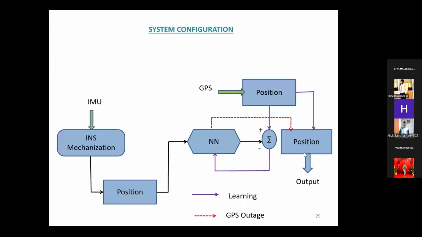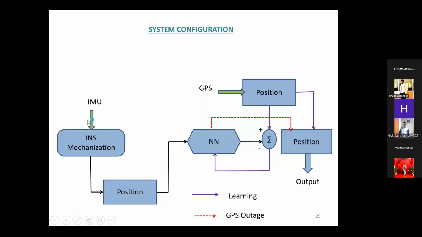Now, this is the system configuration I want to show you, a replacement for your classical method of integration. Here I'm using a neural network based system, a recurrent neural network of the Jordan type. I take my input from the inertial measurement unit, the INS, inertial navigation system.